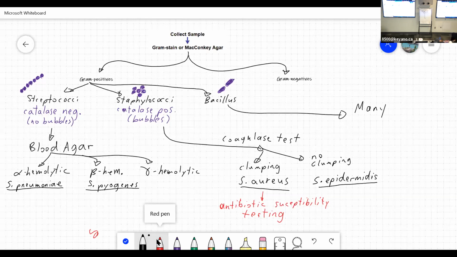Unfortunately, there are many rod-shaped bacilli, and that includes Bacillus species. I'm going to write a little note beside each of these in a second. I'm going to move the screen over, but I'm just going to write the names of the species first.